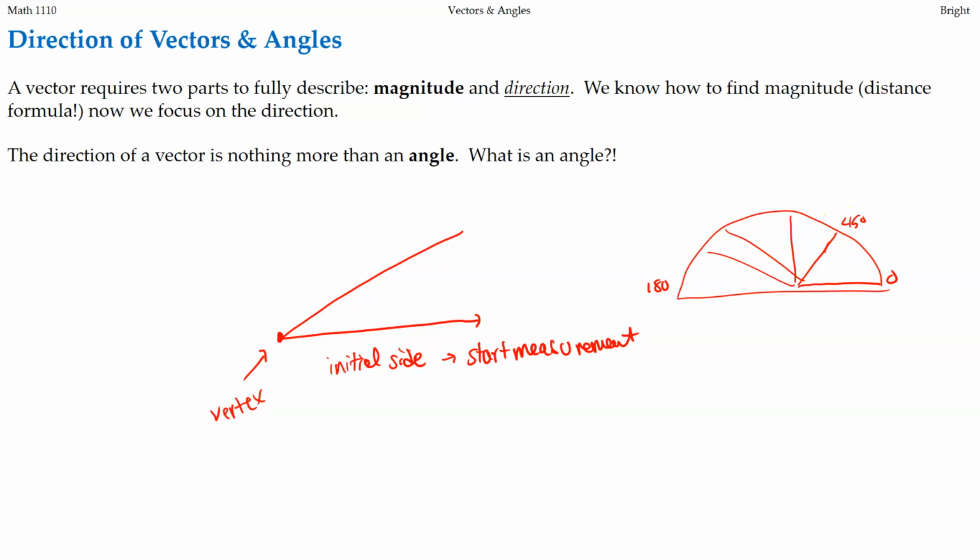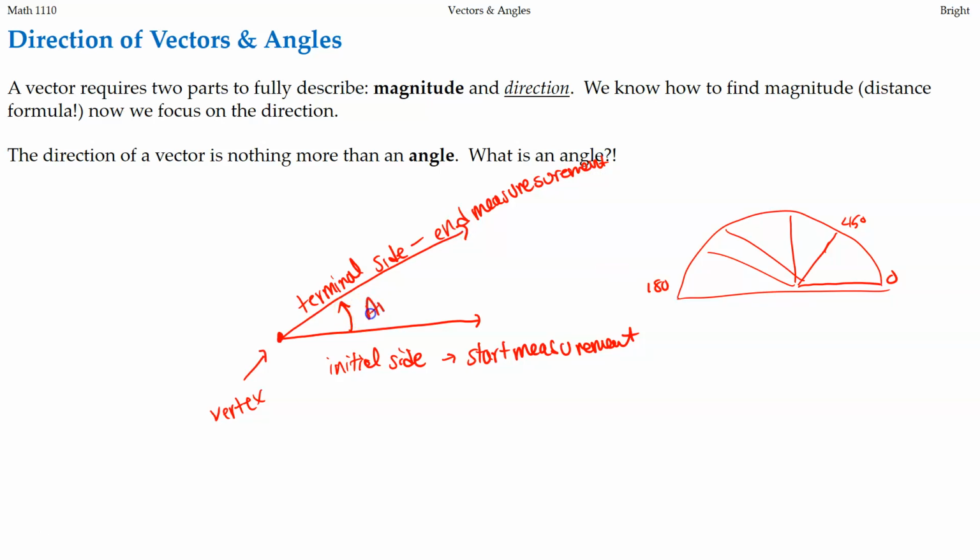Anyway, that's what you can use to measure angles. And then the space from the initial side to what we call the terminal side, so this terminal side is where you end measurement. The space in between these two rays is our angle.